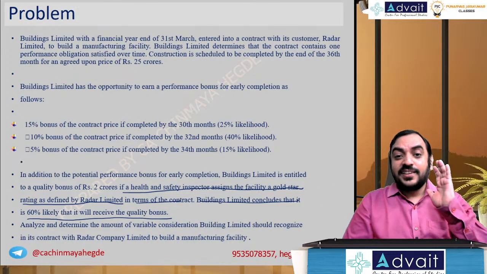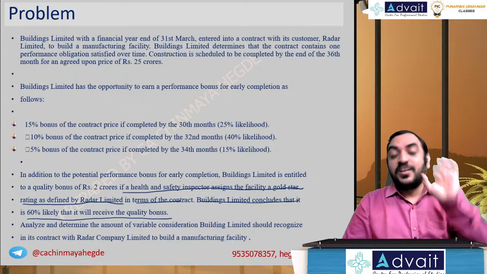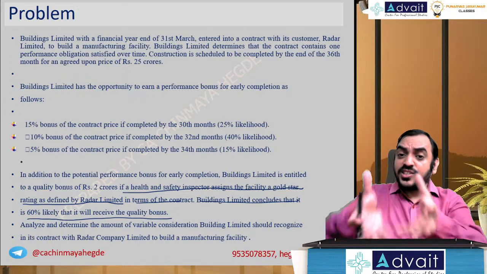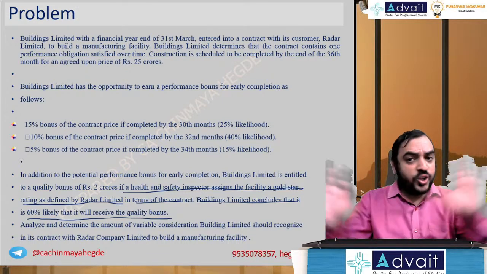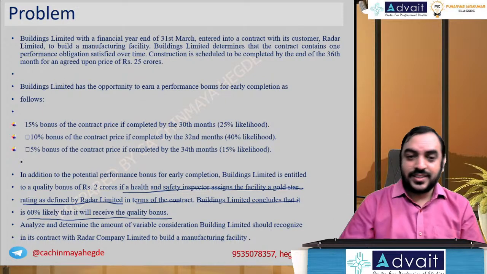Which means there are only two possible situations and we apply the most likely method. Wherever the probability is highest, that amount we take directly. We don't do the expected value method. Analyze and determine the amount of variable consideration Buildings Limited should recognize in its contract to build a manufacturing facility.